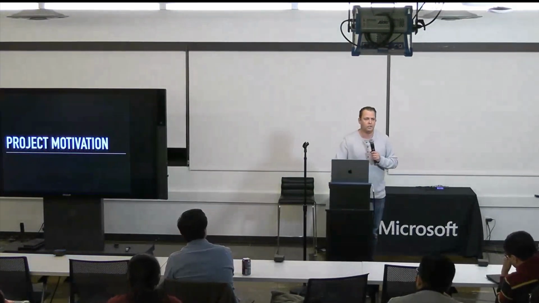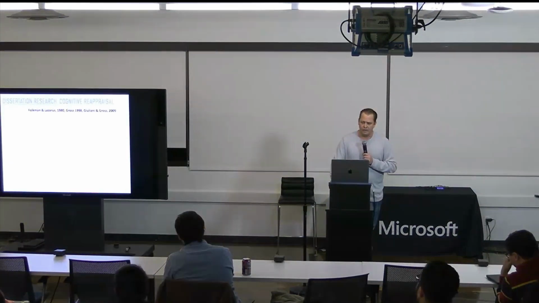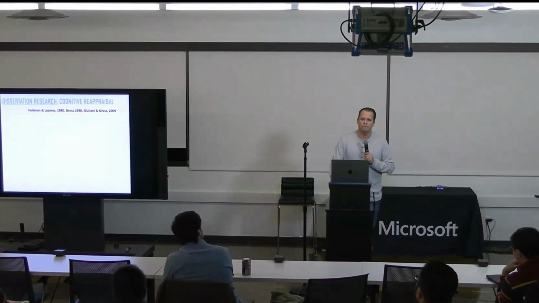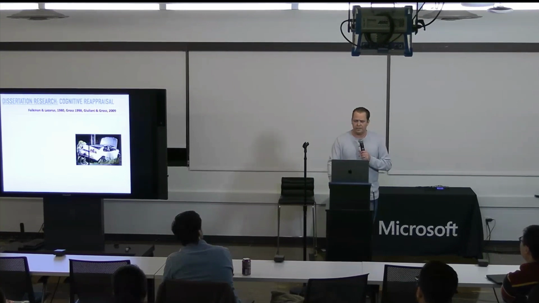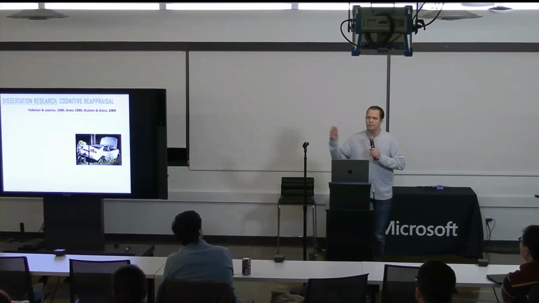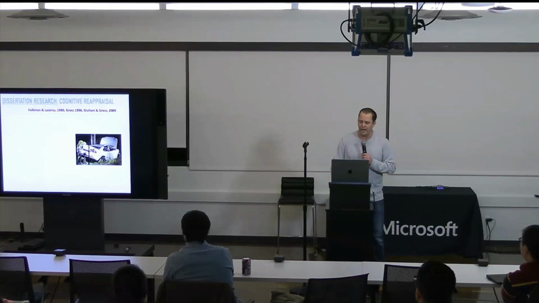So to touch on the motivation and give a little bit of background and context, a good bulk of my dissertation research was around an emotion regulation technique called cognitive reappraisal. And let's say, for example, we show you this image in the lab and you see this grueling negative accident.